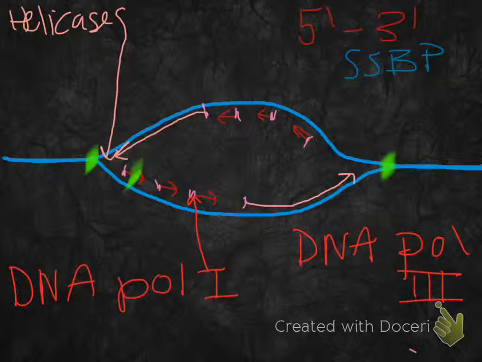I kind of like to think of SSBP as a parent figure for the DNA because it makes sure everything's okay and keeps an eye over it until it's ready to be used, because you don't want just DNA rolling around, susceptible to mutations and all different kinds of bad things.